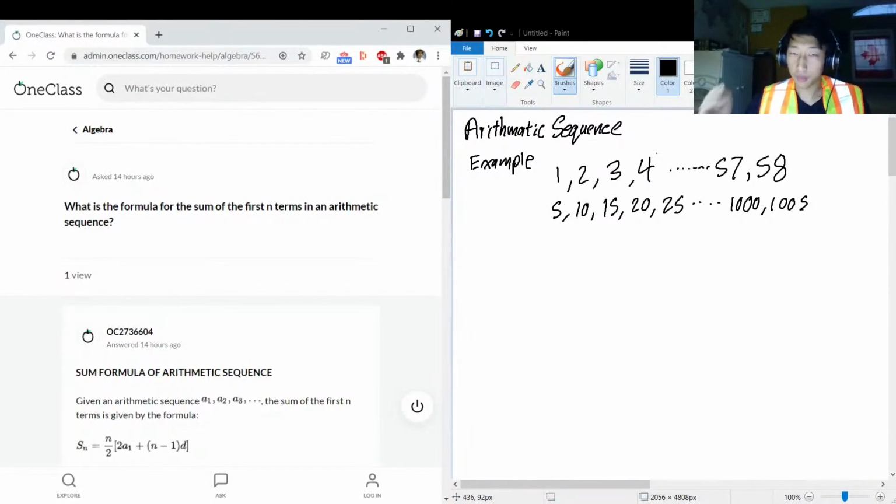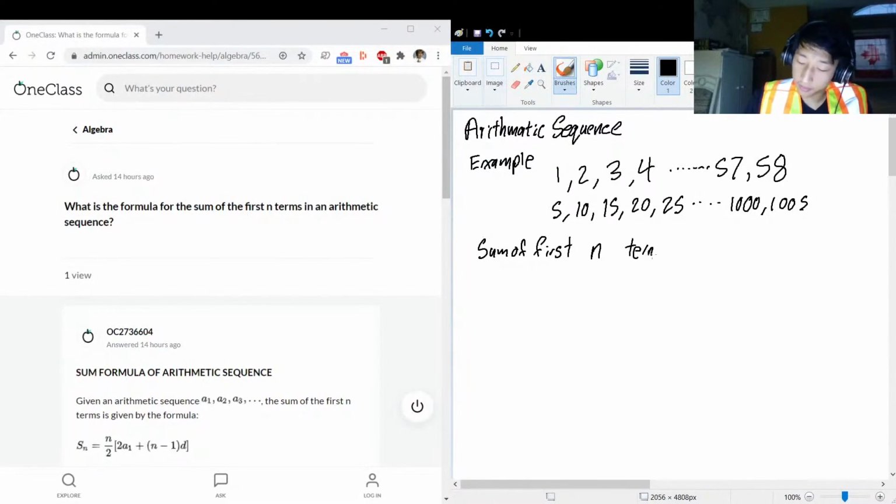So a nice way to find the sum of the first n terms in an arithmetic sequence, it could be the first 5 terms, it could be the first 5,000 terms, depends on what your application requires.